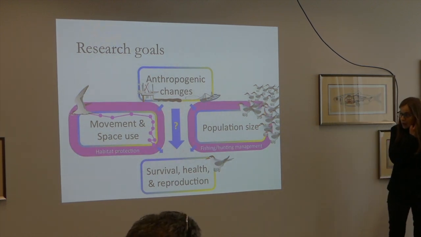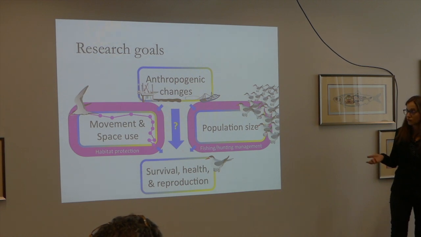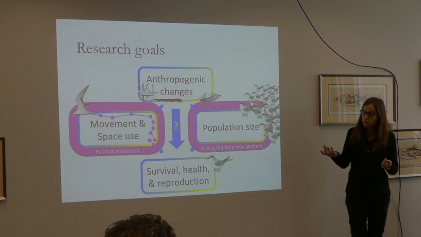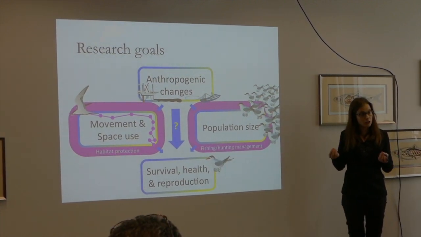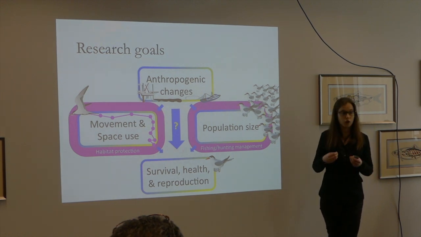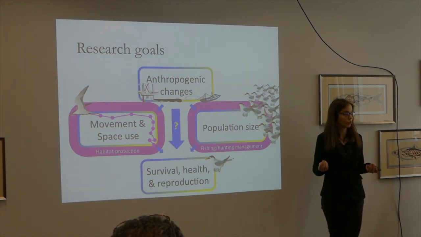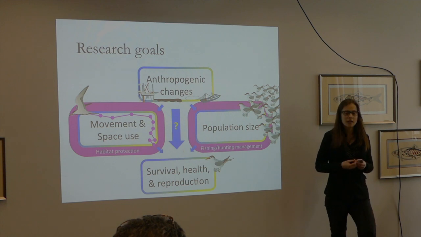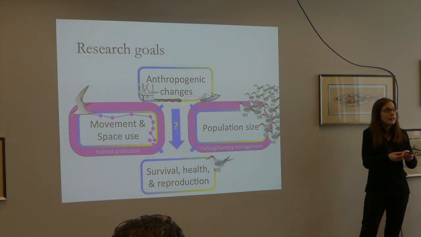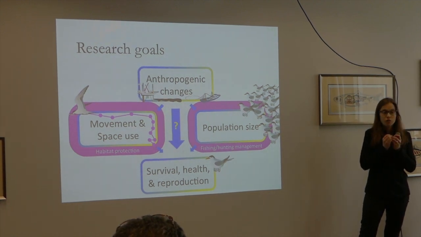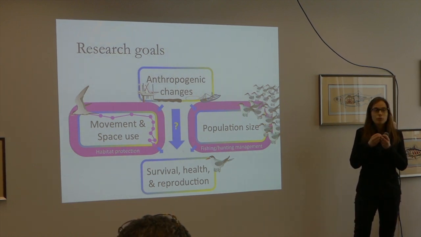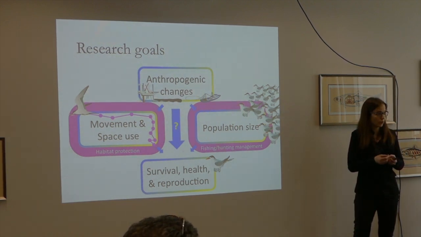Using these two types of data is important for conservation. First, it's important to look at the space use and movement of animals, because there's a lot of legislation in Canada and abroad, such as the Species at Risk Act, that says that a key aspect of an animal's protection is the protection of its critical habitat.